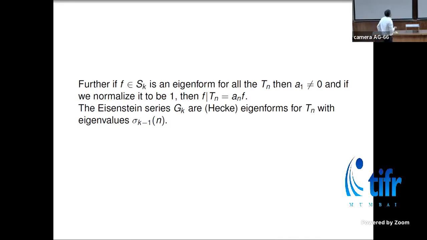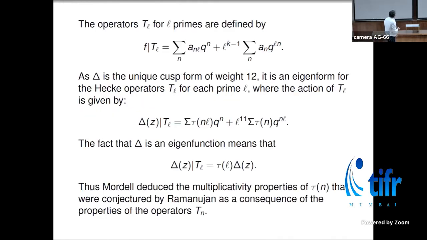Right, f acted upon by T sub n, the eigenvalue turns out to be exactly the nth Fourier coefficient of f. Okay, and then these explicit modular forms of weight k and level 1 I wrote down are indeed Hecke eigenforms for T sub n with eigenvalues the Fourier coefficient sigma k. Right, and it turns out then that the delta function, which is up to scaling the unique cusp form of weight 12, is an eigenform for these Hecke operators. And as I said, it is a normalized form, and the first Fourier coefficient is 1, and it's an eigenform.